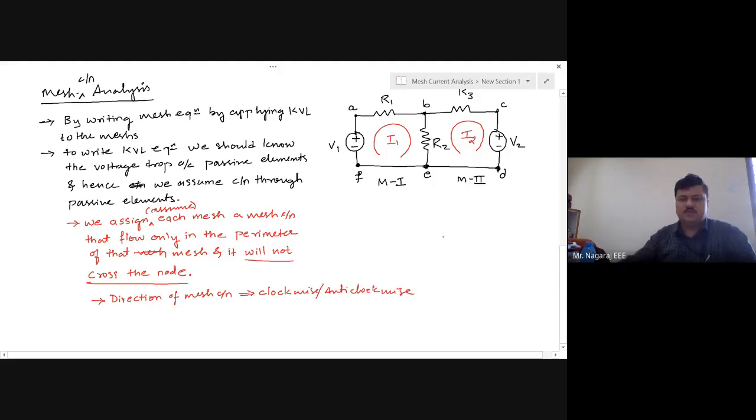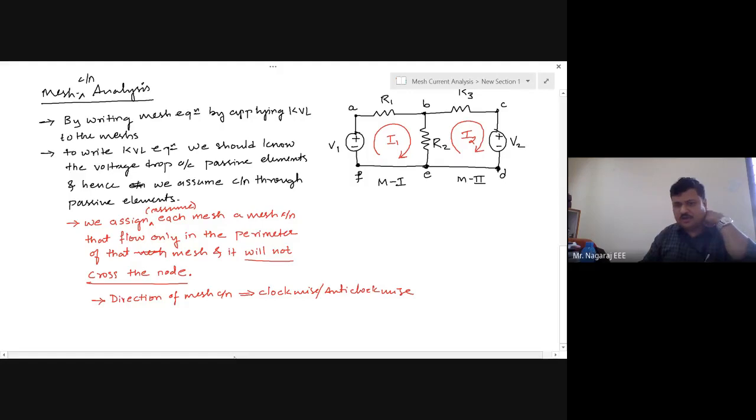But one thing we should remember: if I take clockwise in one mesh, in all other meshes I should take clockwise. If I take anti-clockwise in one mesh, in all other meshes I should take anti-clockwise. I should not mix clockwise and anti-clockwise directions of the currents in a single circuit. So if I assign the direction of current clockwise in mesh 1, the direction of current in mesh 2 should also be clockwise.